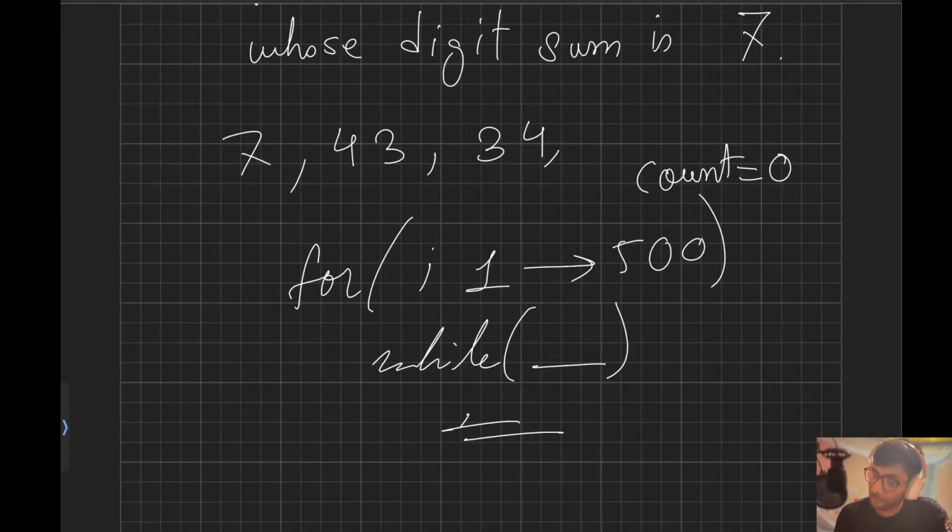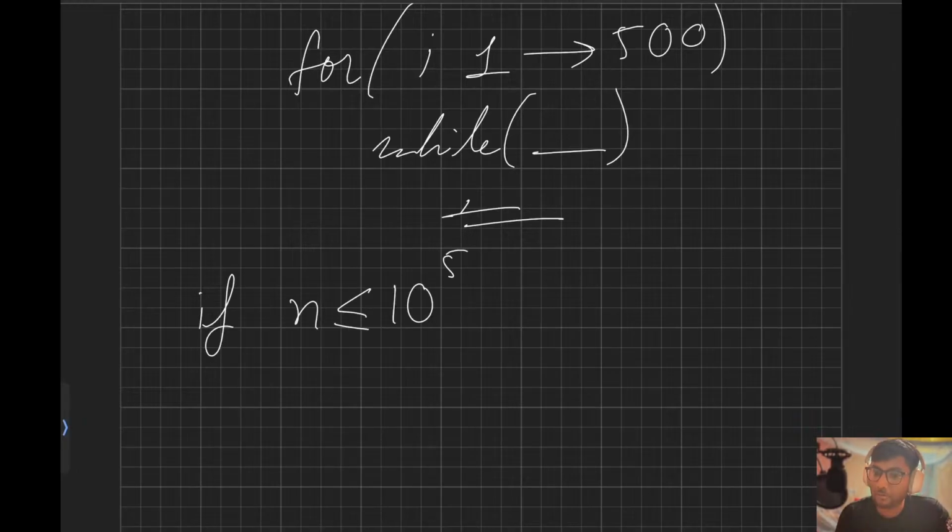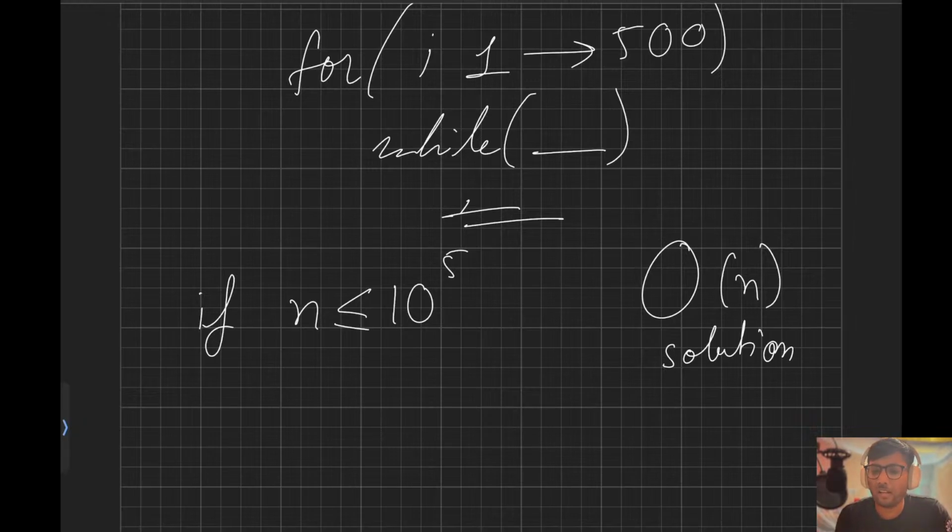Now this is possible, but this will only work if n is up to 10 to the power 5 or 10 to the power 6 at most. Why? Because this is an order n solution. Of course, digit extraction is log base 10 of that number, so the maximum is n times log base 10 n, or an n log n solution.